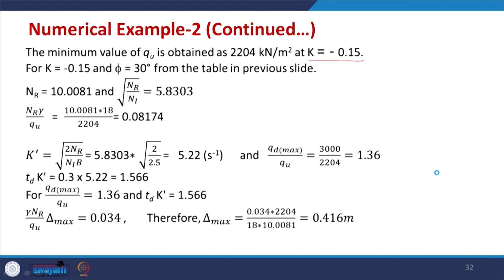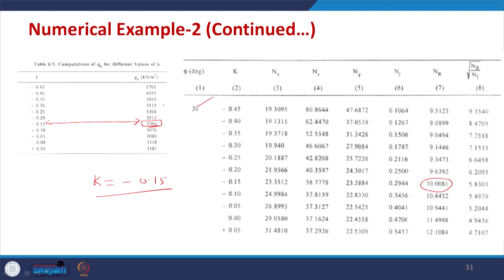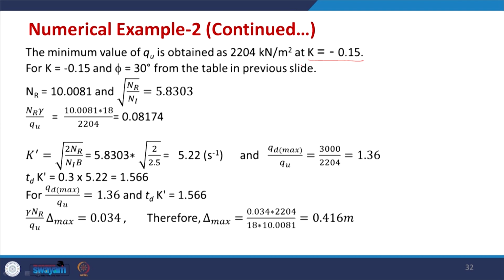So, in the next slide, the minimum value of Q is obtained as 2204 kilonewton per meter square, which is at k equal to 0.15, and for this value of k and phi equal to 30 from the table, you get Nr equal to 10.0081, and the ratio Nr by Ni is 5.83033, which is also coming from the last table.